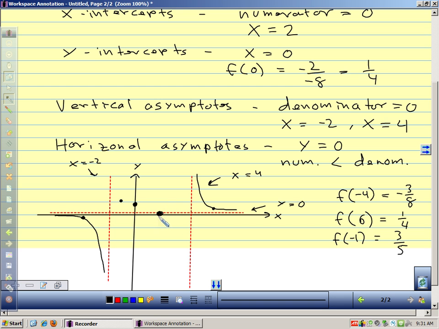And if I calculate f of 3, so on this side, out here somewhere, I get f of 3 equals -1/5. So out here at x equals 3, I'm down here somewhere. So my function in between, if I connect these points, is going to look something like that. And it keeps going this way.